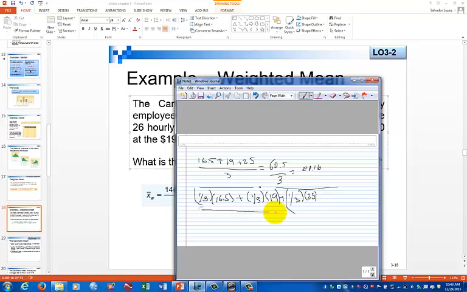All right, and we divide this by the summation of the weights. Notice I'm using the weighted formula, and I get the same result. 20.16 divided by 1 is equal to 20.16. So notice that we are using equal weights. So each one of the values is equally important, which is not true because there are different numbers of employees being paid the different wages.